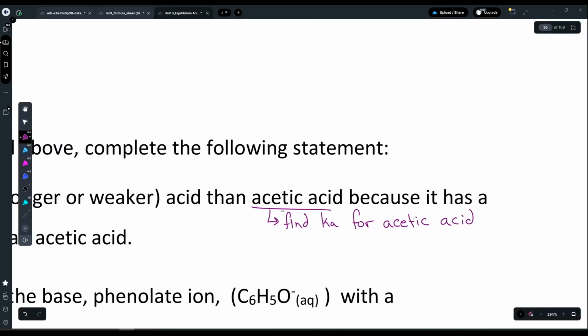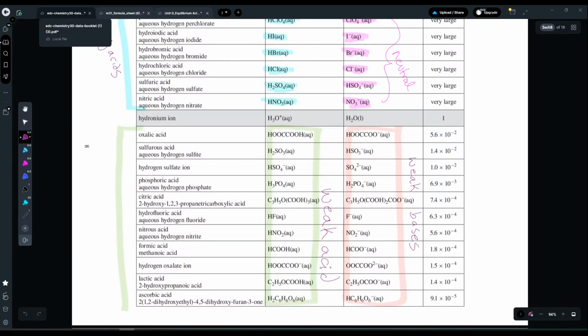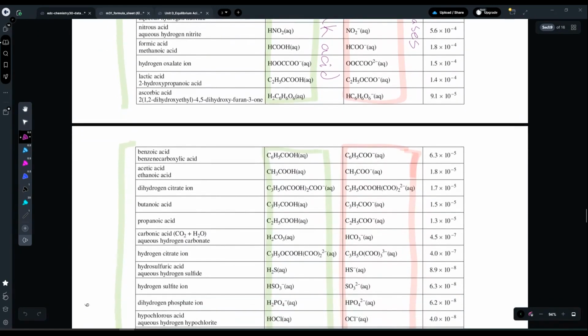You can find that on page 8 or 9 of your data booklet. Okay, so acetic acid is right here.